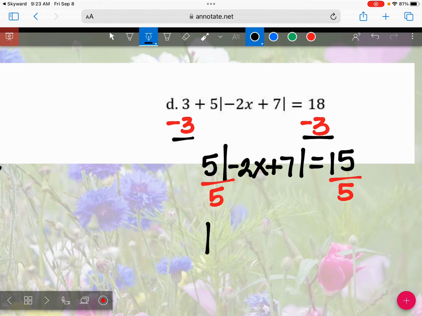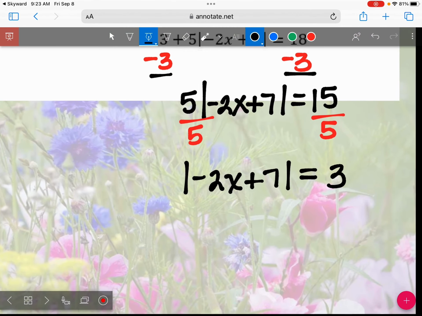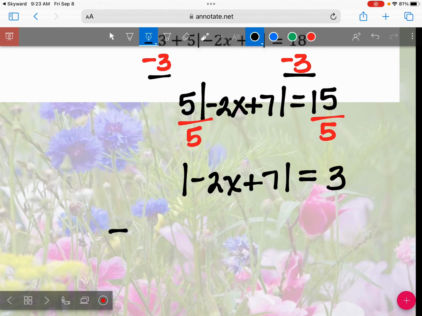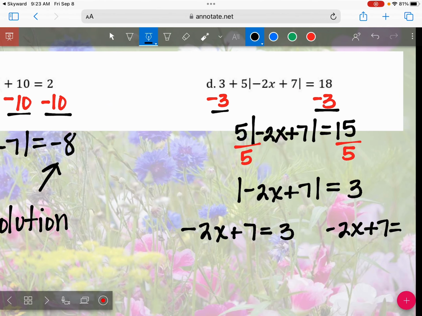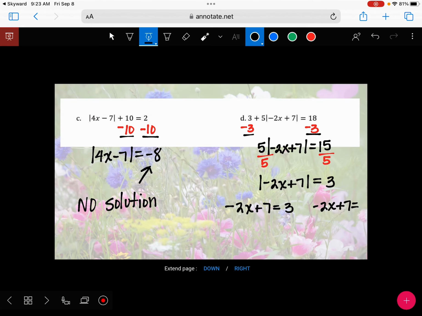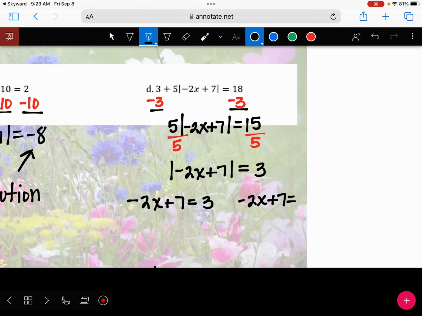So we have the absolute value of negative 2x plus 7 equals a positive 3. And because it's equal to a positive number, we can keep going. So first you're going to have negative 2x plus 7 equals positive 3, and negative 2x plus 7 equals negative 3.